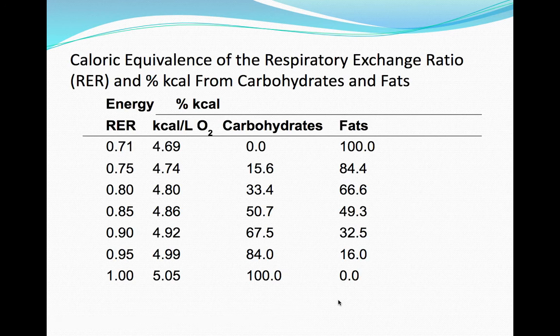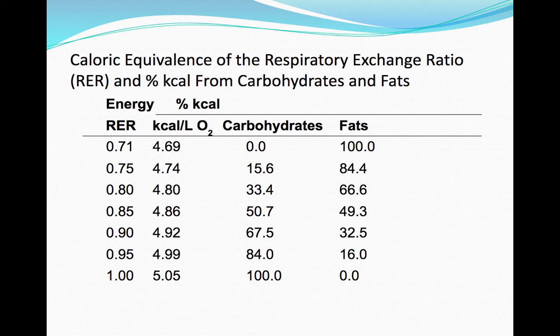So you're pretty much using 100% fat to resynthesize ATP. It's never completely 100%, but for simplicity's sake, about 100% of your ATP is resynthesized from fat when the respiratory exchange ratio is 0.7.